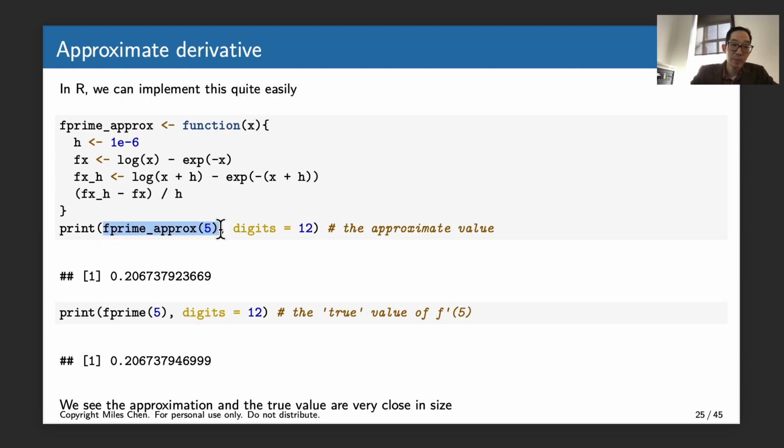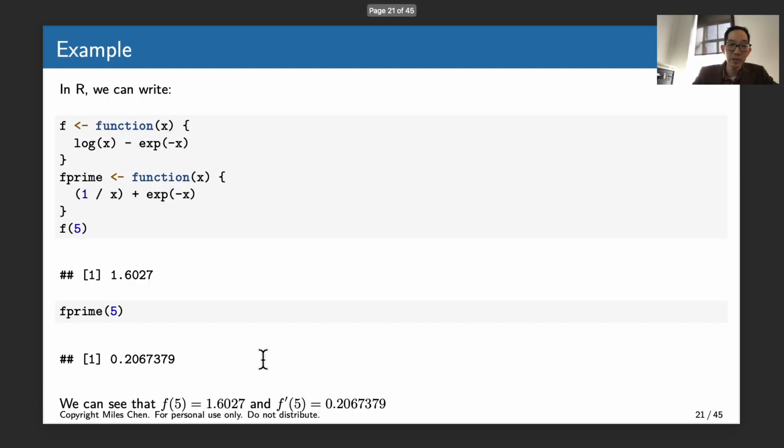And I say, hey, print this out, calculate the approximate derivative at 5, and give me 12 digits. And when I do this, I get 0.2067379236669. How does that compare to the quote-unquote true value? Remember, we used calculus, and we said, oh, f prime is going to be 1 over x plus e to the negative x, right?